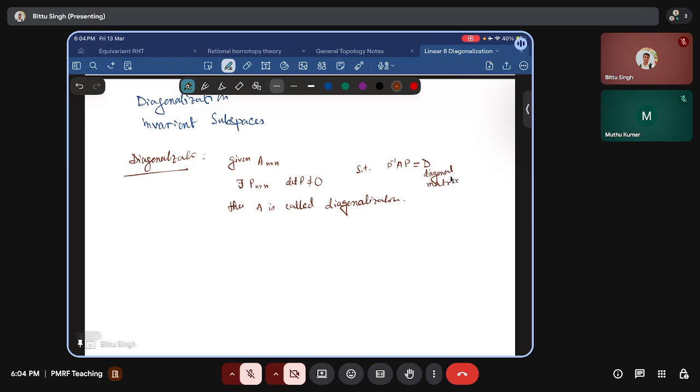So recall that an n by n matrix represents a linear transformation from Vn to the same vector space Vn. Okay, and P inverse AP.